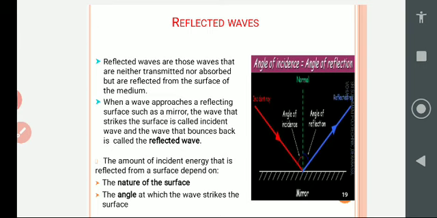So, when a light wave approaches a reflecting surface such as a mirror, the wave that strikes the surface is called the incident wave, as shown by the red line. It strikes the boundary at a point and it bounces back, as shown by the blue line.